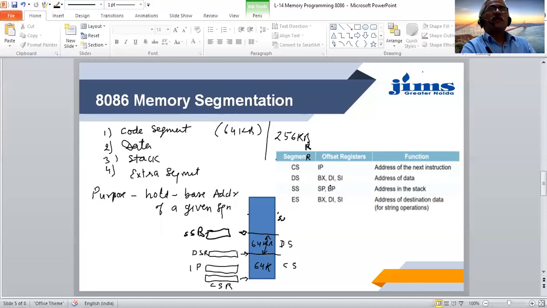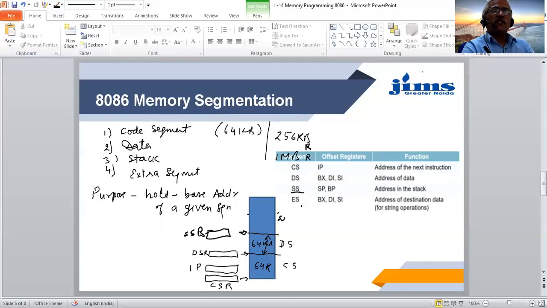For each of these segments, the offset addresses are stored in different registers. For the stack segment, the base address is stored into the stack segment register, and the offset is stored into the BP or the SP register. For the data segment, the base address is stored into the data segment register, and the offsets are stored in the BX, DI and SI.